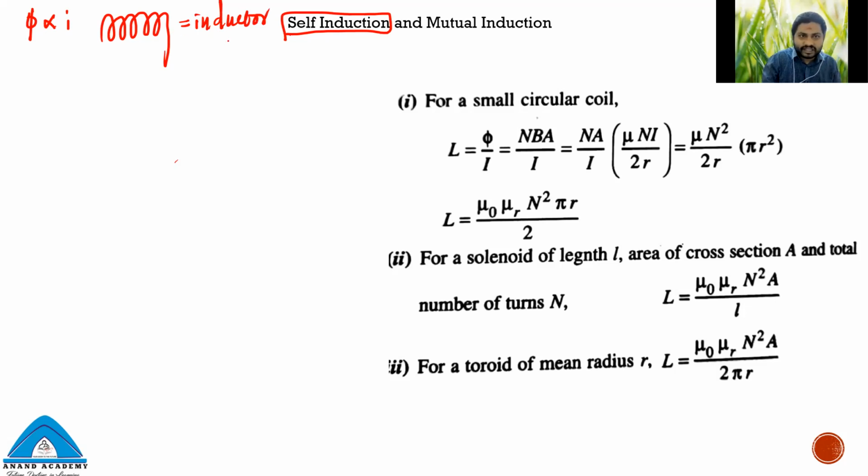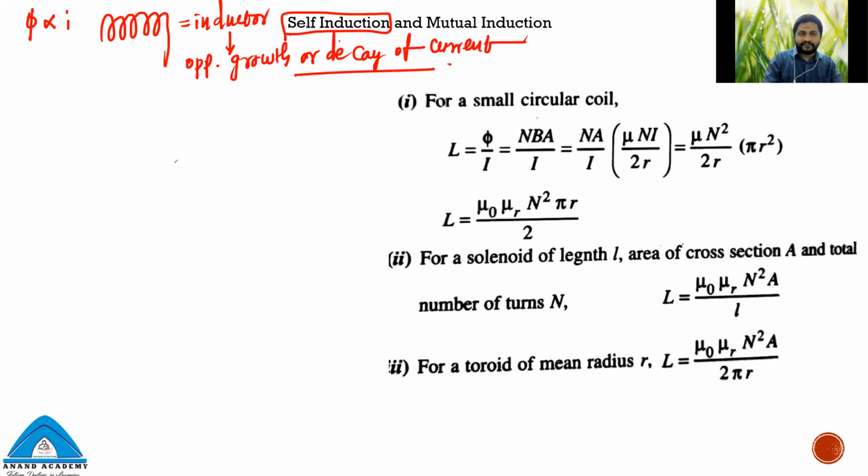What this inductor will do is it opposes the growth or decay of the current. Magnetic flux is directly proportional to the current passing through that particular coil. I have told you briefly what the inductor does. Now listen carefully.